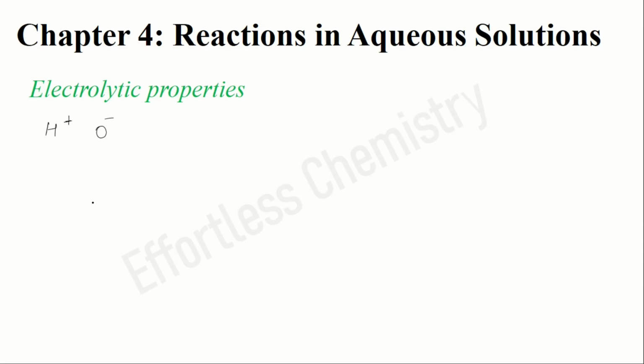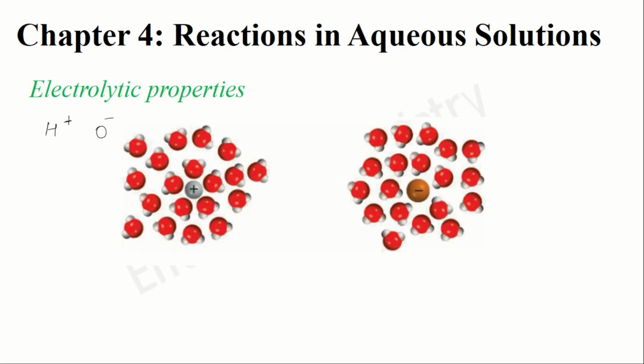When an ionic compound such as sodium chloride dissolves in water, the three-dimensional network of ions in the solid is destroyed. The sodium and chloride ions are separated from each other. Here, for example, it shows sodium and this one shows chloride ions. They undergo hydration. The molecules of water surround them and separate them.